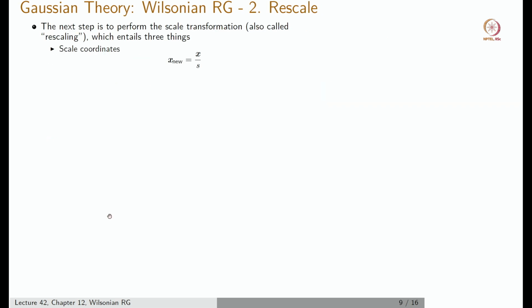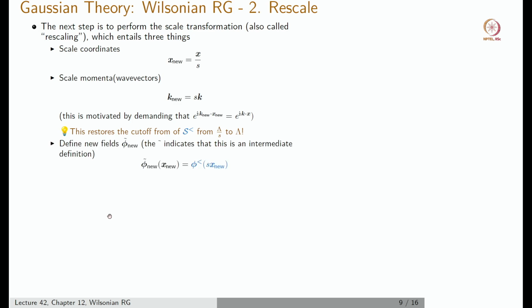So I restore back the cutoff, and now I am going to define a set of intermediate new fields. I call it phi tilde nu, in terms of the new coordinates. So this is a new field. How do I get the new field? The new fields are only the long wavelength pieces, because I have integrated out the short wavelength modes.